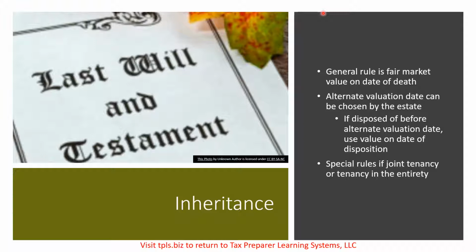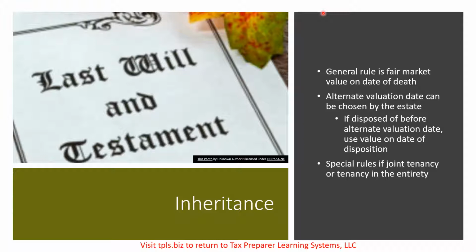The decedent's adjusted basis in land to the extent of the value excluded from the decedent's taxable estate as a qualified conservation easement. So 4 possibilities. Fair market value at date of death, that's the general rule and the one we would see most often.